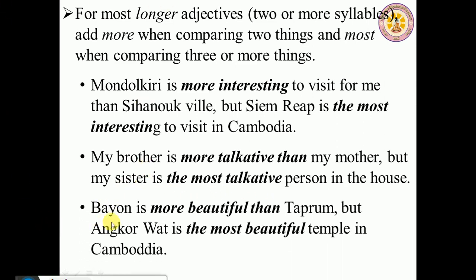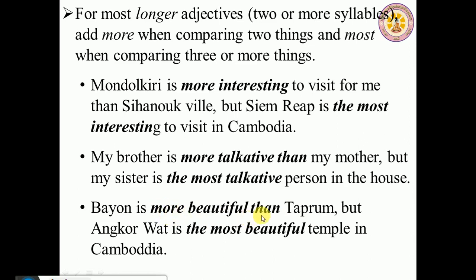Okay, one more. Bayon is more beautiful than Ta Prohm. But Angkor Wat is the most beautiful temple in Cambodia. So we want to compare Bayon and Ta Prohm. So Bayon is more beautiful than Ta Prohm. We use "more beautiful" because beautiful is a long adjective, so we use "more".